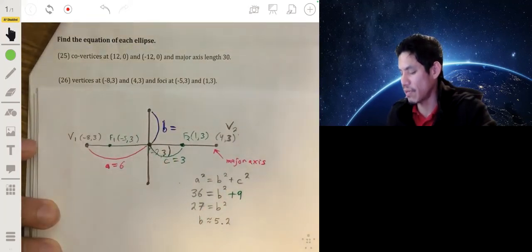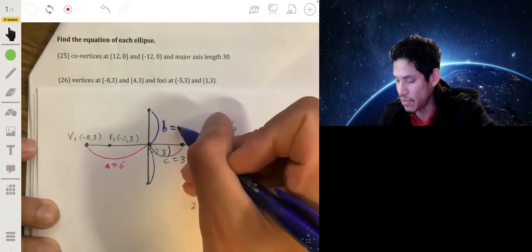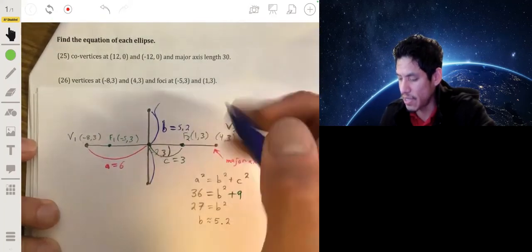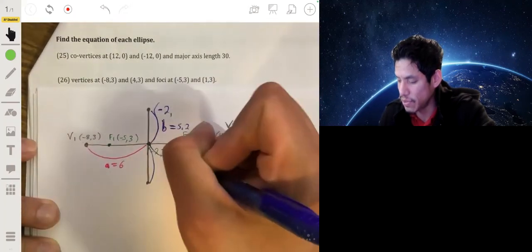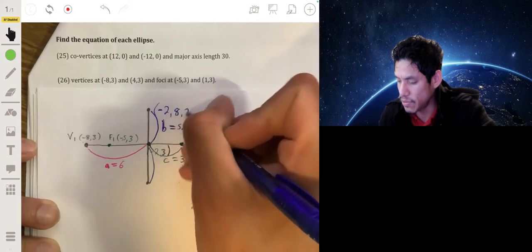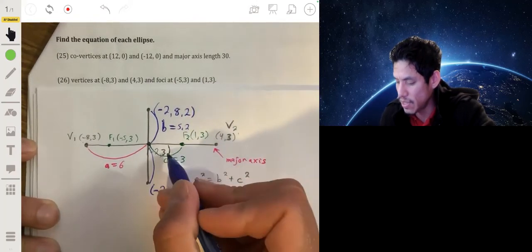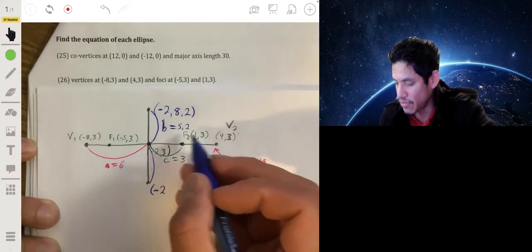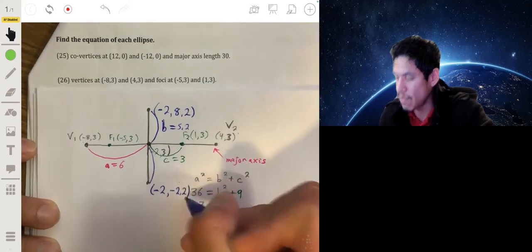We could, but might as well go ahead. So then this will be 5.2 units above the center, which will be about (-2, 8.2). And then this will be at about -2, 3 minus 5.2, which is about -2.2.